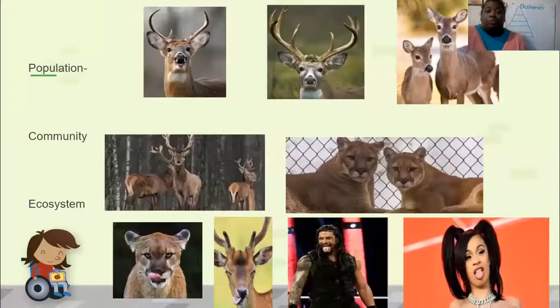To better explain that, we have one deer, and then we have another deer. So that one deer would be just an organism, but more than one of that same type of organism is a population. Now, when you have at least two populations in an area, you call those communities because it's more than one type of organism.